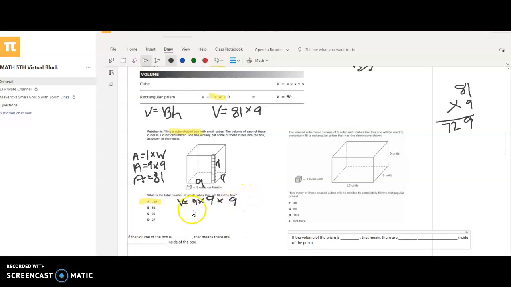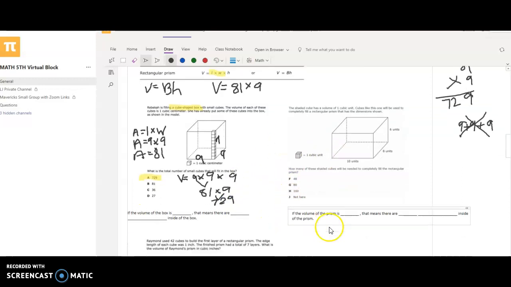But 9 times 3 is not the same as 9 times 9 times 9. 9 times 3 is the same thing as 9 plus 9 plus 9. And is our formula to add all of them together? No, it's not. Our formula is to multiply them together. So then we would say 81 times 9, and that we found out was 729.